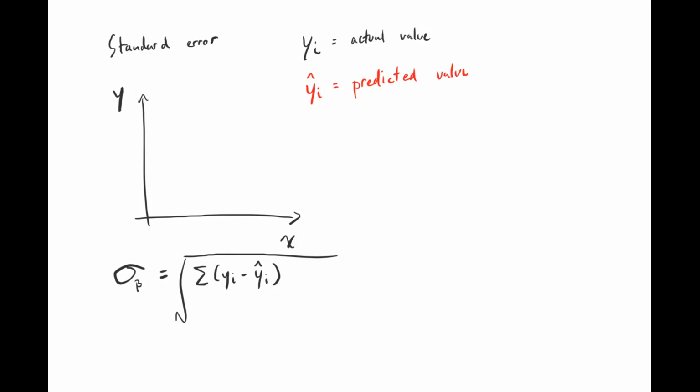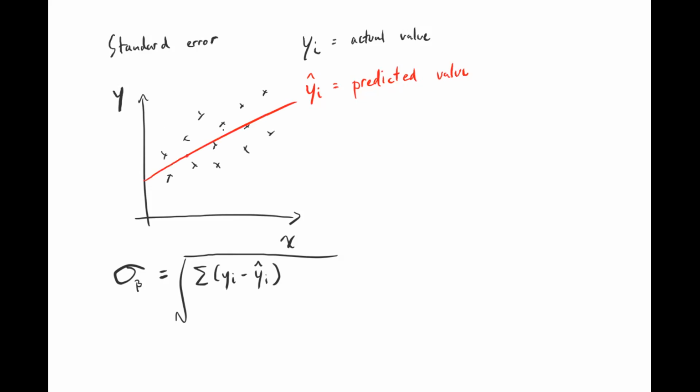So if I were to draw a whole bunch of points, actually, let me draw this in a particular way. So let's just say we have something like this, and our line.